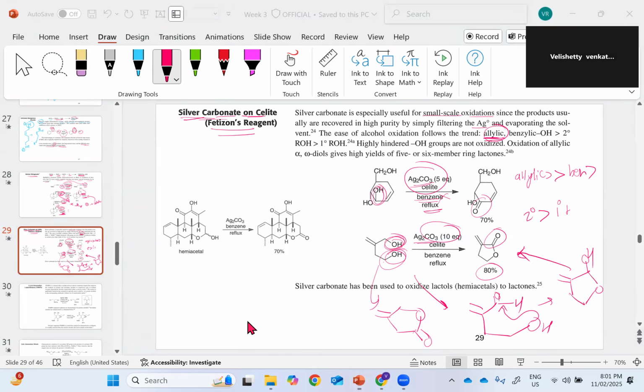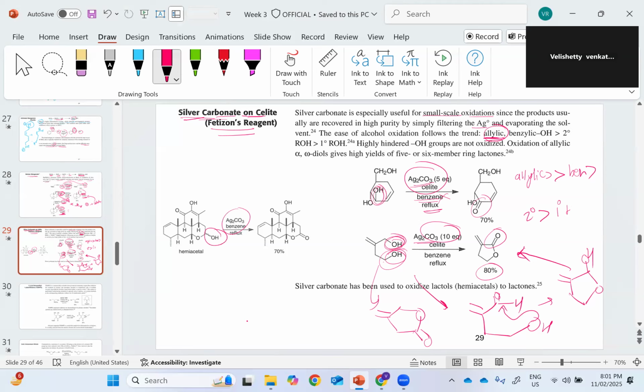So this is the Fetizon's reagent. And if you look at one example of a natural product, and why this reagent is important. So let's take, we have some group, this one, we want to do the oxidation of this group, and which also has other remaining groups, although the oxidation of this one is not that easy.